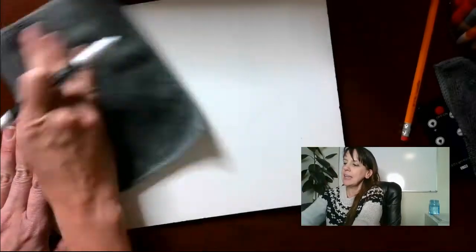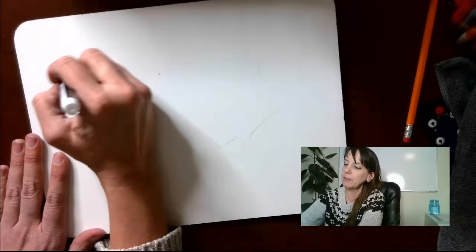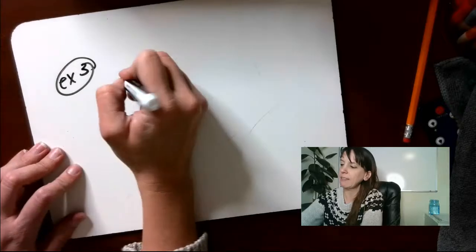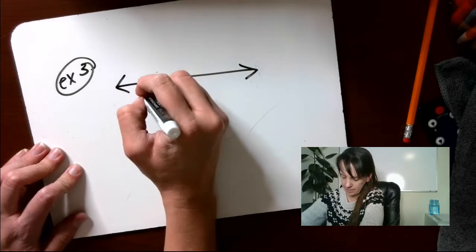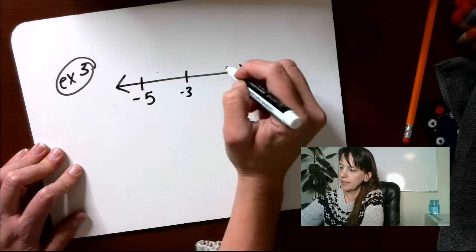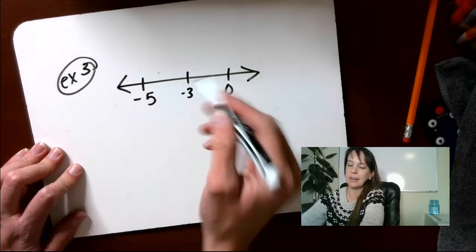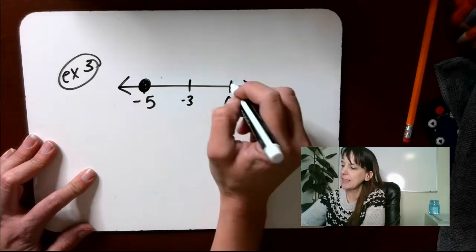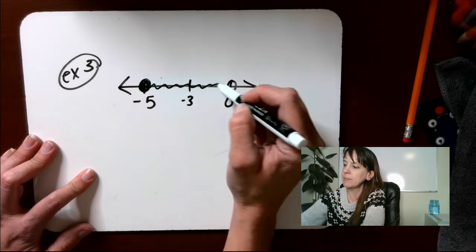All right, so let's say that for example number 3, you have this guy right here. Here's our number line. We've got a -5, and then like -3, and then this is a 0. I just threw that -3 in there to give it context. This guy is a closed circle. This guy is an open circle, and it's shaded in between here.